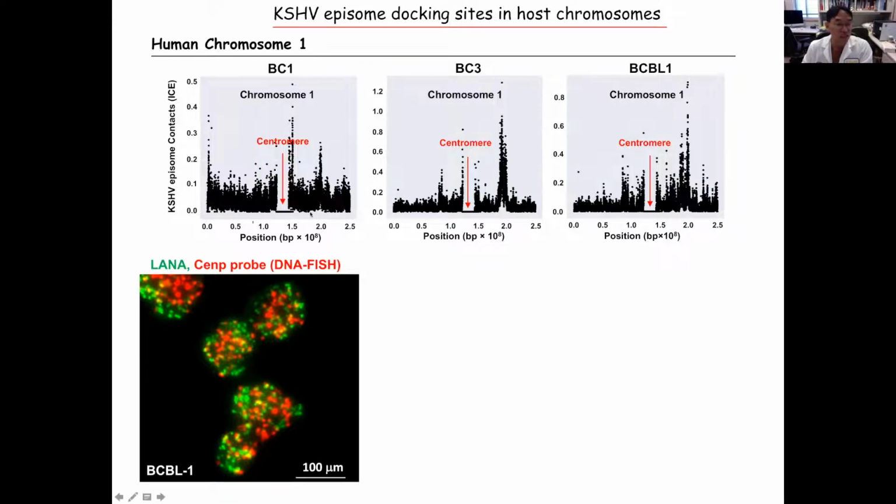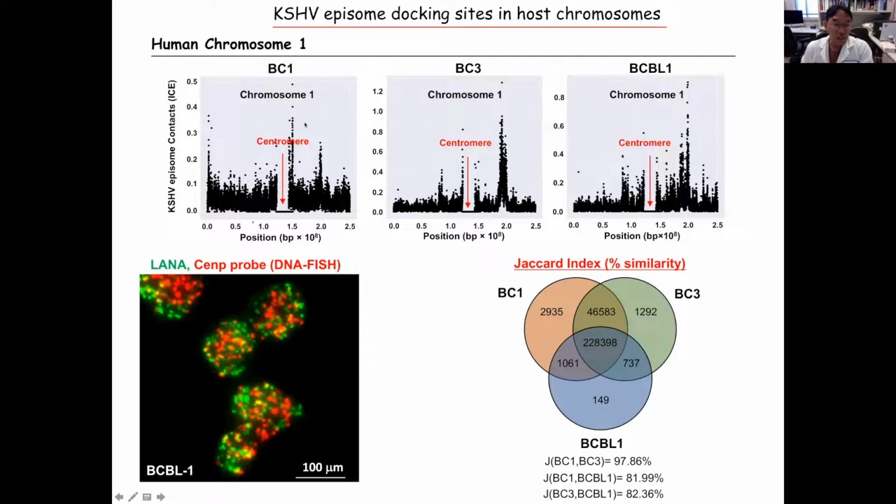As you can see, here is chromosome 1, here is the centromere region, and you see some peaks nearby. This data was also confirmed by DNA FISH, where we stained the centromere region with the DNA FISH probe and also stained the LANA protein, which is important for tethering to the host chromosome. As you can see, blue and red are very next to each other in many places.